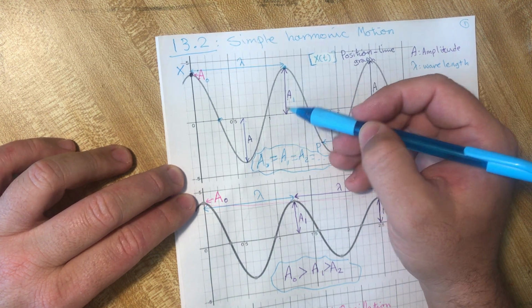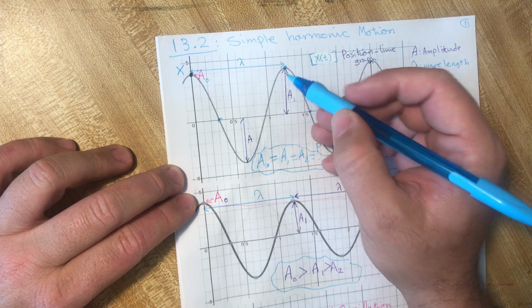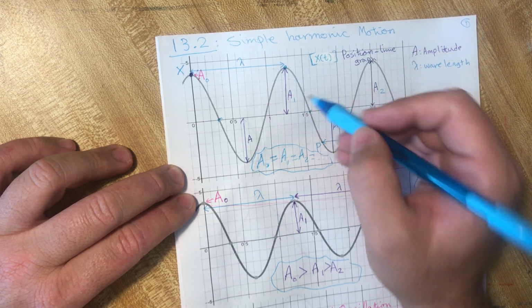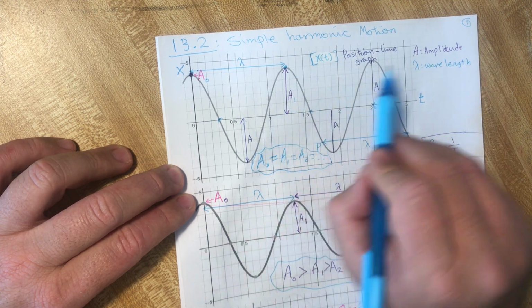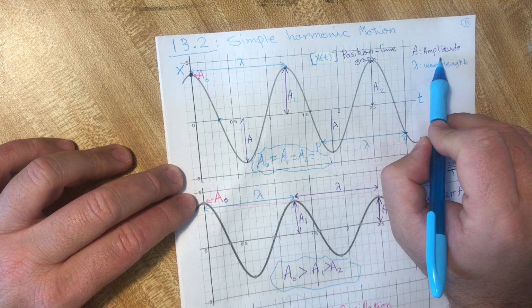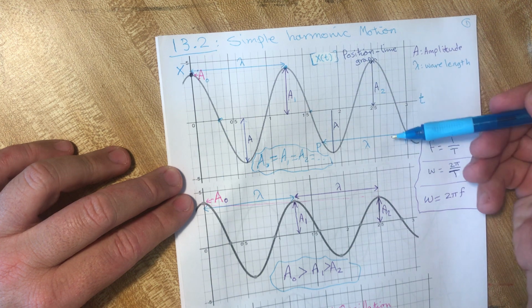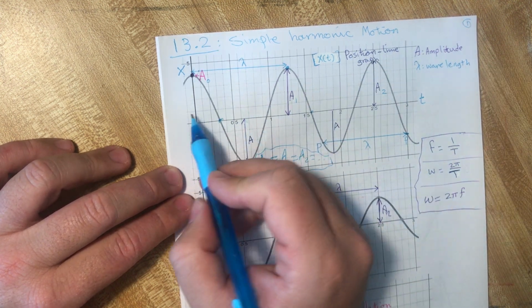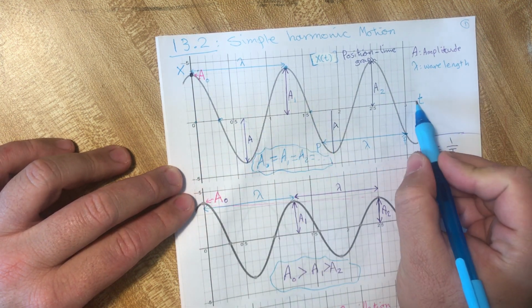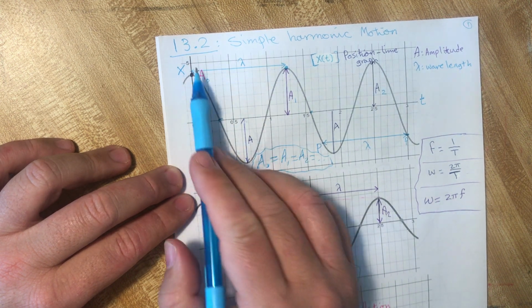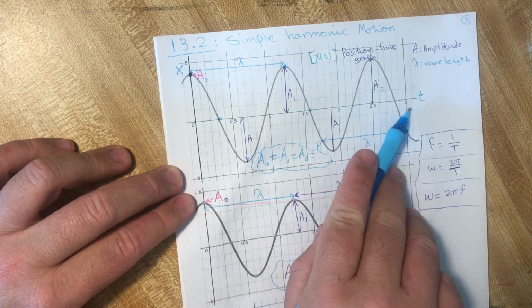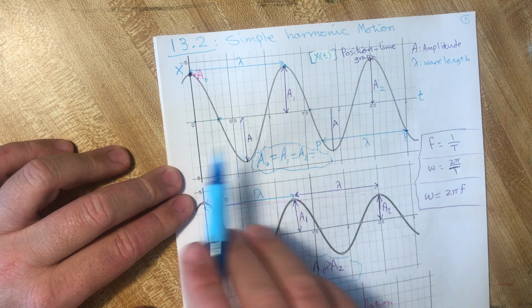This distance from zero to the top of the wave is named A, which is the amplitude, the maximum distance that the body moves in its oscillation. Look here, this is an x-t graph, which is a position-time graph.